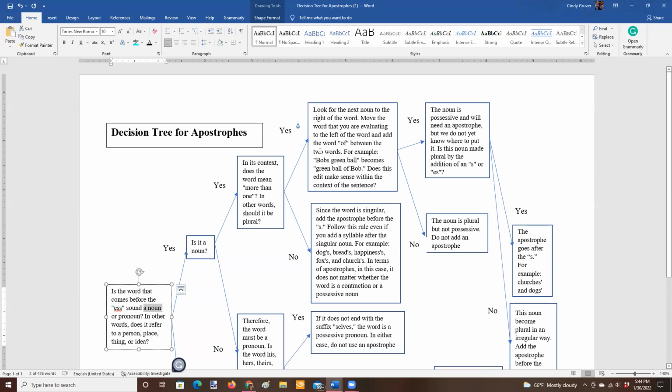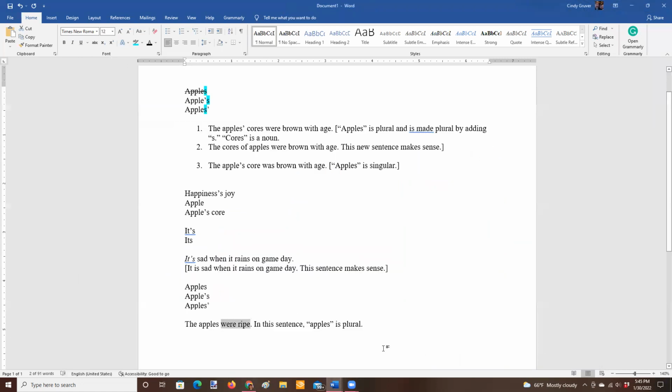Okay, since we can't follow these instructions, we're going to go with no here. The noun is plural but not possessive. Do not use an apostrophe. So our correct choice is just the word apples. The apples were ripe. So this sentence as written is awesome. We don't need an apostrophe.